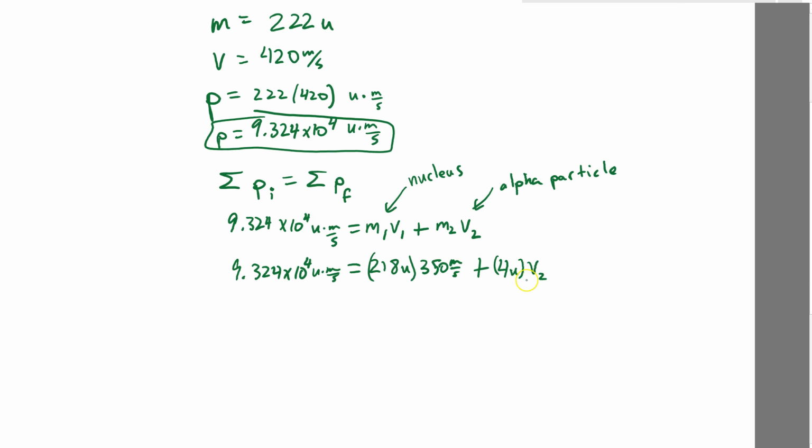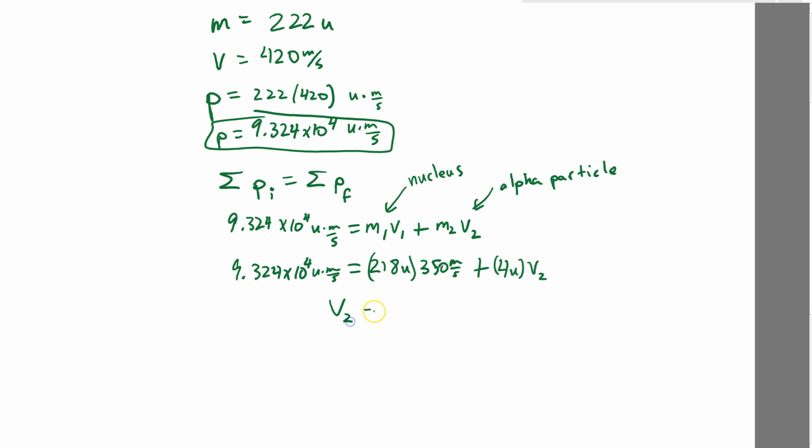So do you see how every term has units of u times meters per second, and then this will be meters per second. Since to solve for v2, we're going to end up dividing by 4u, that will cancel out the u's over here. This is why you don't have to convert to kilograms initially to work this problem.